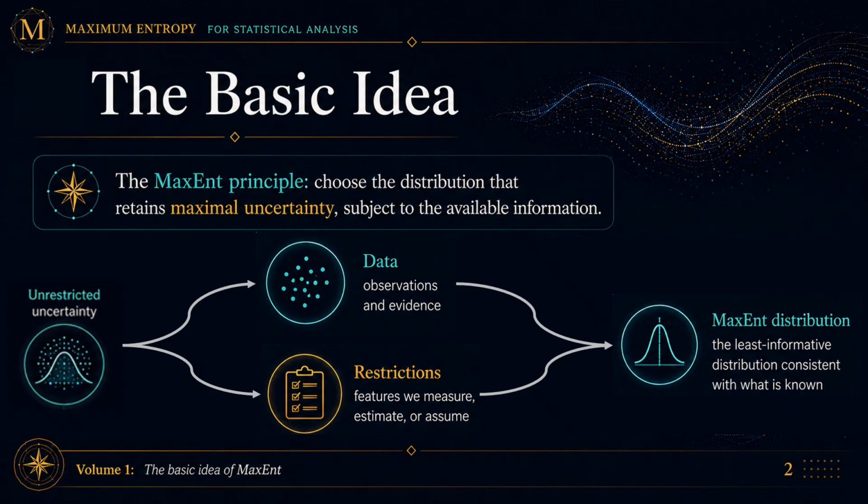All right. Now, of course, different information contained in different data and different restrictions will lead to different probability distributions. And again, it's worth remembering why we want to maximize uncertainty, entropy, in the first place.